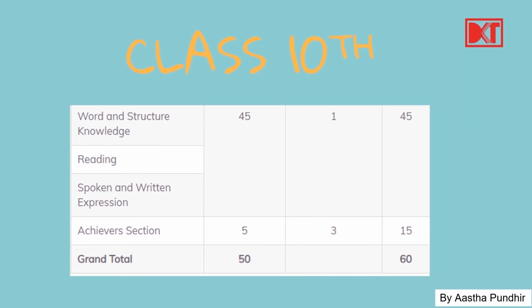Okay, so here are these 3 sections. We have word and structure knowledge, reading, spoken and written expression. Total you get 45 questions out of these, and these are of 1 mark each. Total makes it 45. Then the achiever section, you get 5 questions. They are of 3 marks each.